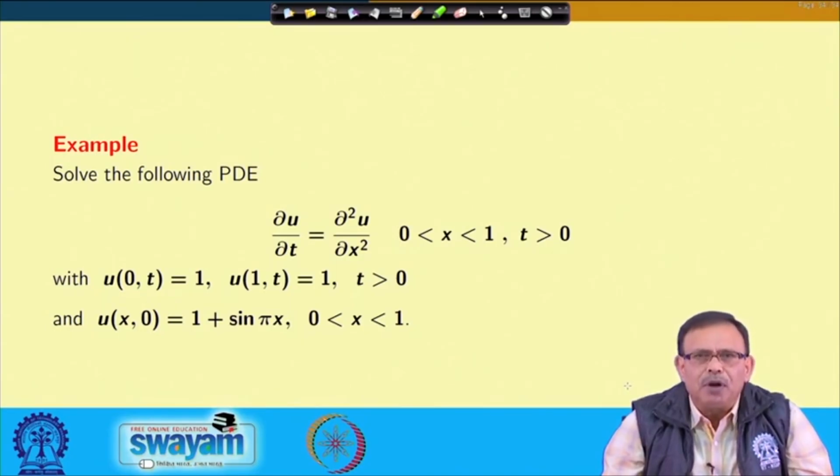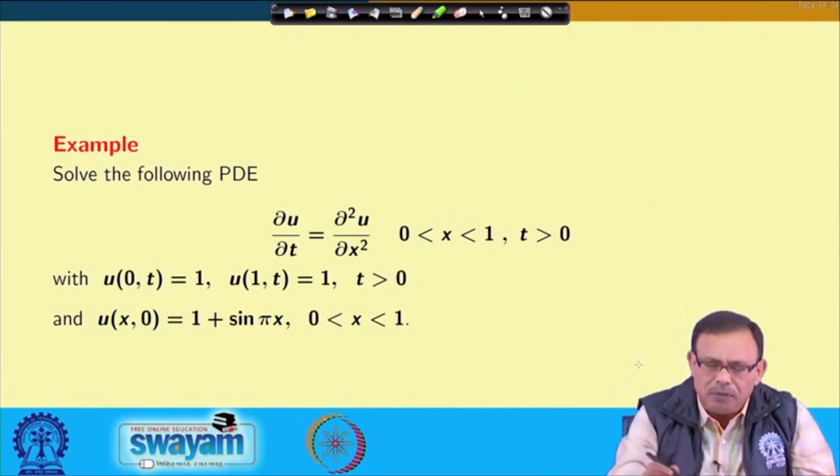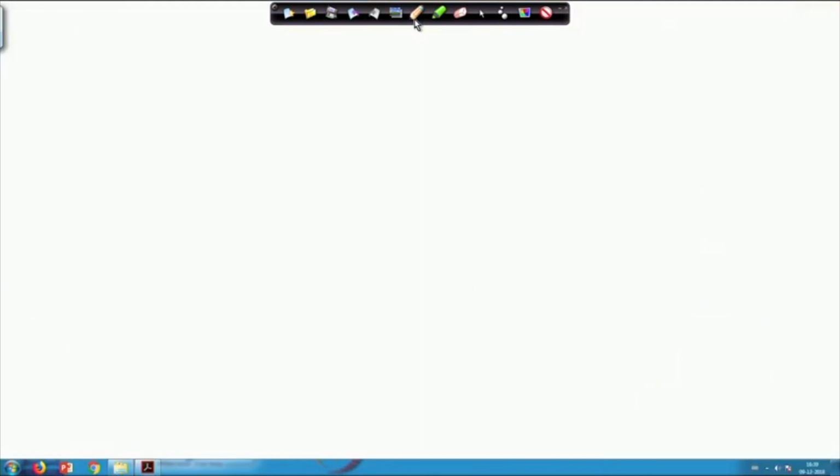For this particular problem, as t is greater than 0, that is, the range of t is from 0 to infinity, and the values are given at x equals 0, and at t equals 0 the value of the function is provided, I am compelled to use the Laplace transform to solve this problem. The equation is del u del t equals del two u del x square, and the conditions are given over here.